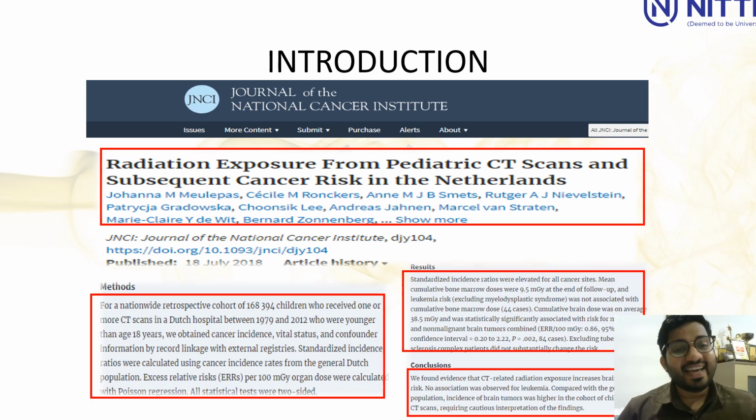Here you can see an article about radiation exposure from pediatric CT scans and subsequent cancer risks in Netherlands. Similarly, there are a lot of paper cuttings and a lot of research happening, specifically focusing on diagnostic imaging modalities. Compared with the other imaging modalities, the CT scanner has the highest radiation output.